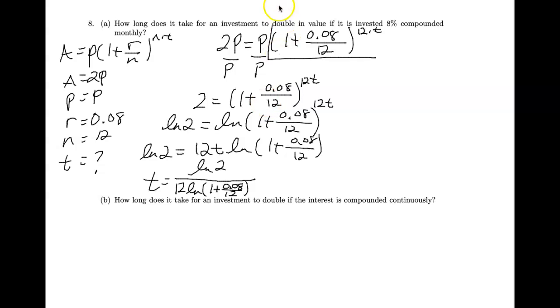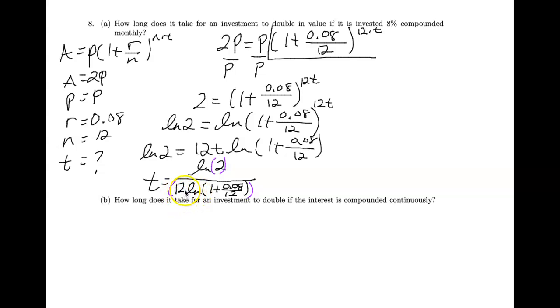When you punch this into the calculator, I'll just type in ln 2, make sure you close your parentheses up top. The key to getting the correct answer is that after you hit the divided by bar, insert some other parentheses to ensure that this factor is in the denominator.